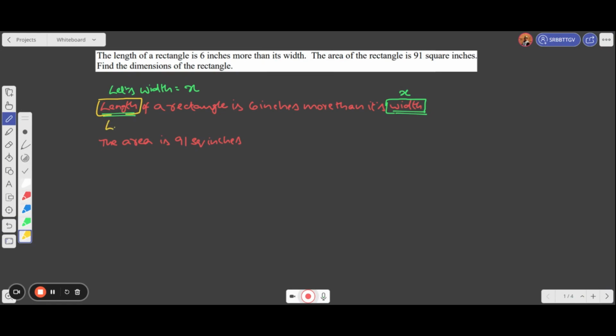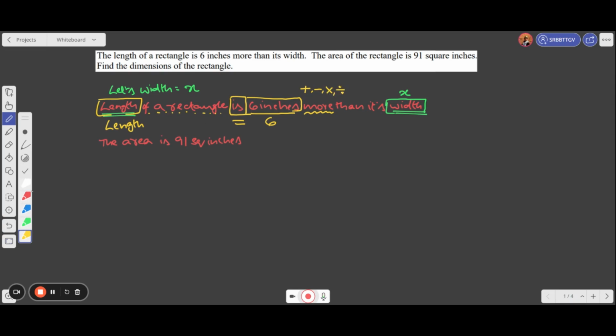Now coming to the next step, let's break this into bits and pieces. Length of a rectangle is 6 inches, so let's take the equal to sign and write 6. Next, more. At this point you think whether to use positive sign, negative sign, times, or division.